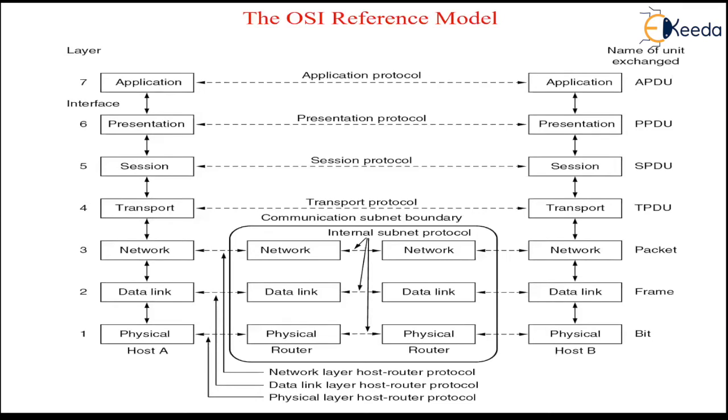The application layer also supports mail services. This application provides the basis for email forwarding and storage. Then directory services. This application provides distributed database sources and access for global information about various objects and services.